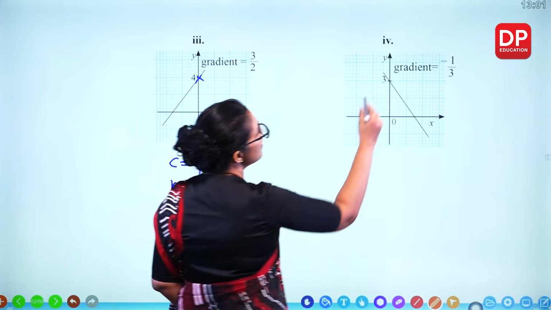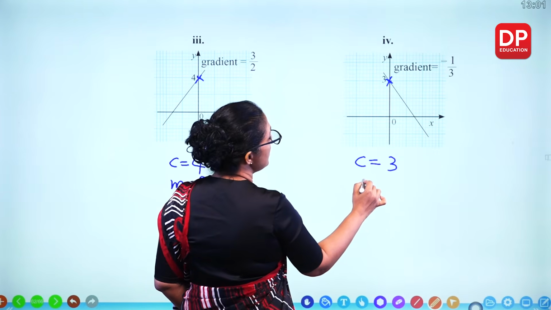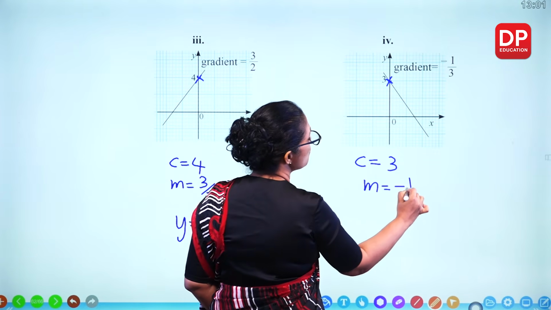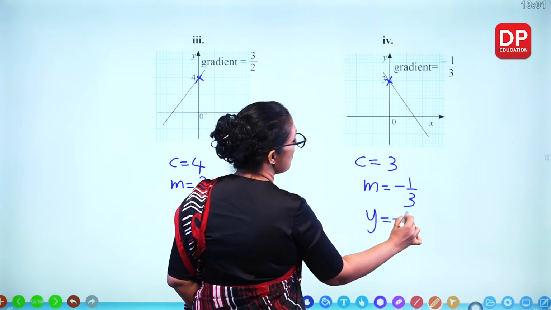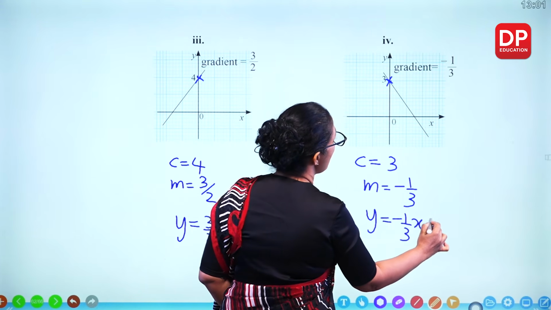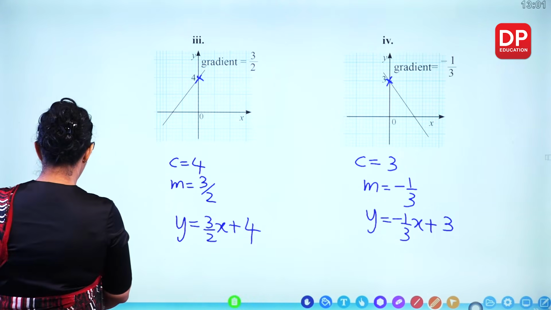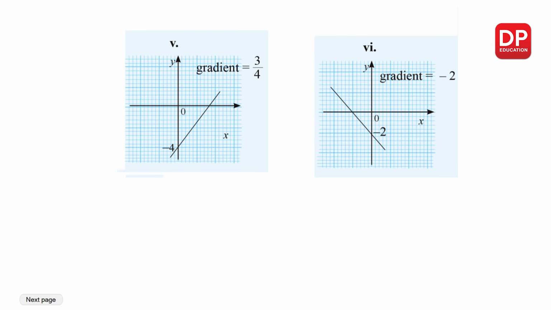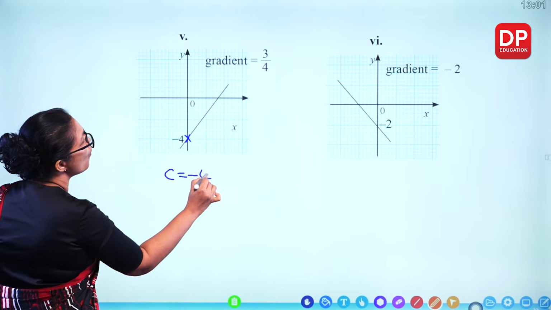This one, y-intercept is 3. Gradient is minus 1 over 3. So what's the equation of the line? Minus 1 over 3x plus 3. This one, y-intercept is minus 4.